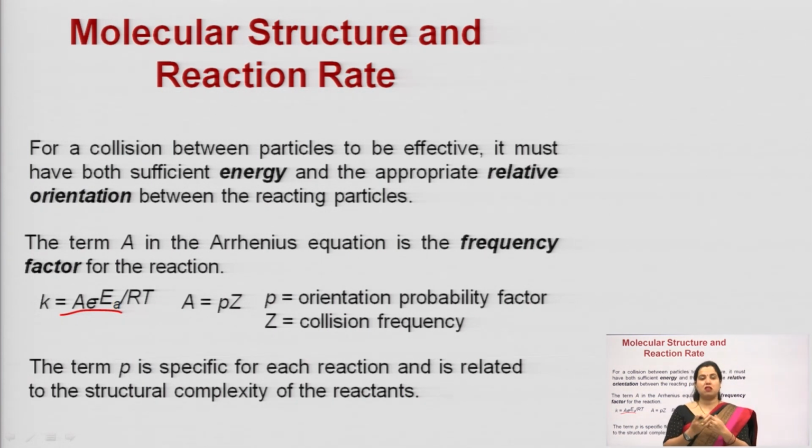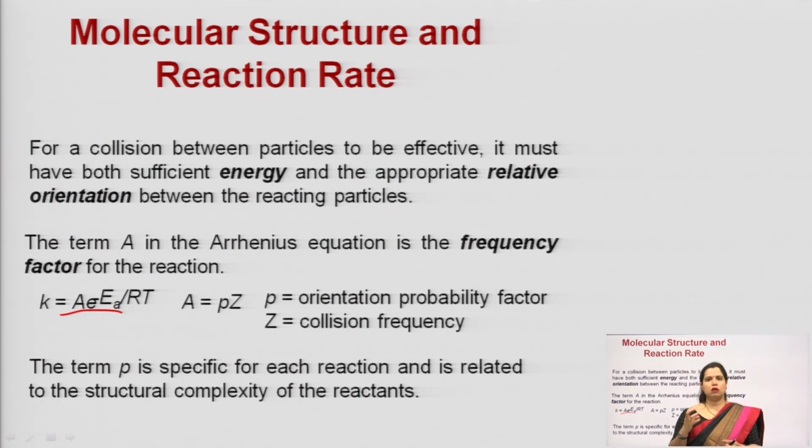P is specific for each reaction. That is orientation, the active form of the drug or the most reactive form of the particle taking place in the reaction, and it is related to the structural complexity of the reactants, such that the L form is more active than the D form. So, this is how an enantiomer is more effective than the normal one.